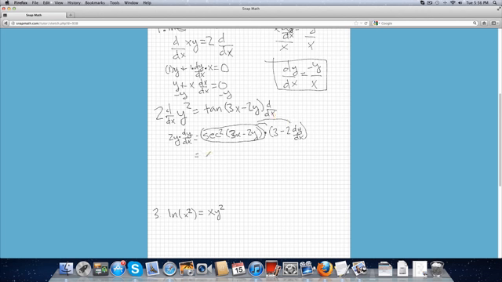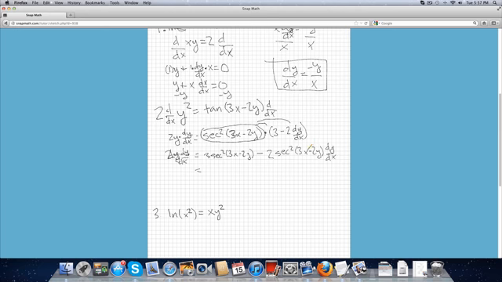So what we get is 3 secant squared, 3x minus 2y, minus 2 secant squared, 3x minus 2y, dy/dx. Okay? And then this 2y, not dy, 2y times dy/dx is over here.